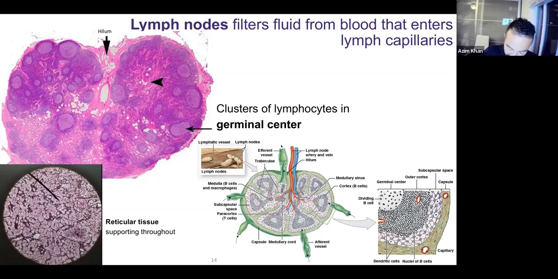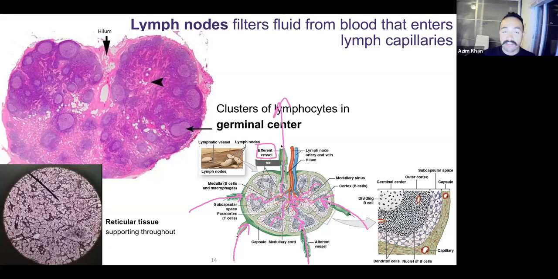What you can see is that there are some lymph vessels that feed in fluid, that feed in lymph, into this node. The lymph fluid can get filtered inside of this lymph node, and then the filtered fluid exits out a different lymph vessel.